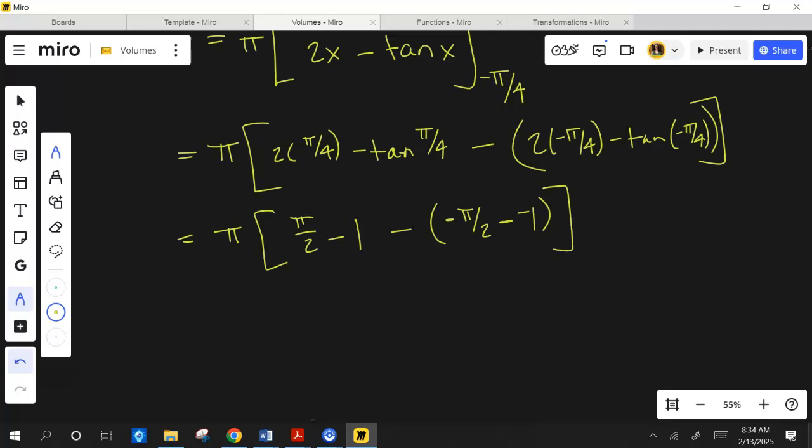Wait, this was this, so now it's going to be minus. Very confusing there with the signs. Okay, pi times, I got 2 pi over 2's, which makes a pi. 2 halves of a pi make a whole pi, yes? Minus, and I got 2 negative 1's. Yep.